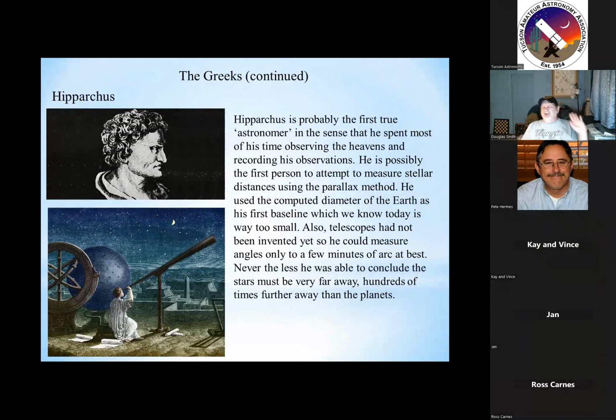So even with his telescope, he would not have been able to measure the angles, and telescopes were not around during that time. All he could come up with is the stars must be very far away and must be hundreds of times farther away than the planets. That's the best he could do. But he at least attempted it using the parallax method.